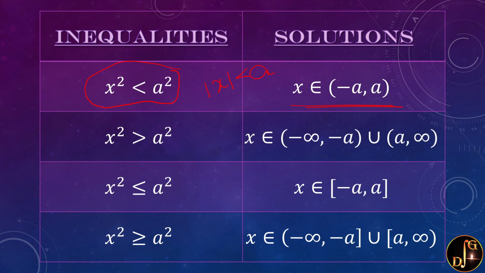There is no difference between mod x less than a and x square less than a square. This is because you must know the result that root x square is equal to mod x. Therefore, the previous case was a particular case of this condition. If we take the root on both sides, then we will go back to the previous solution. Therefore, the answer is almost the same for both conditions.